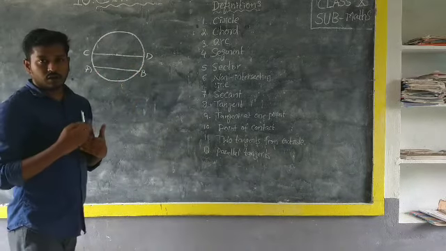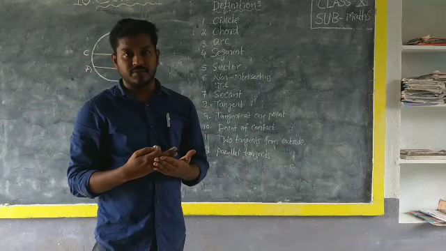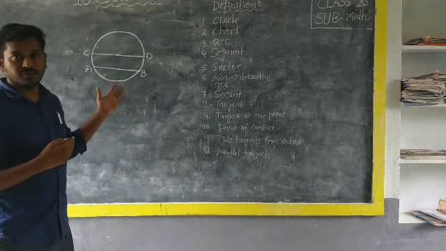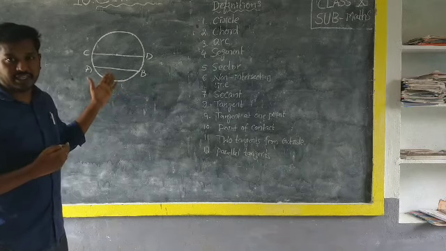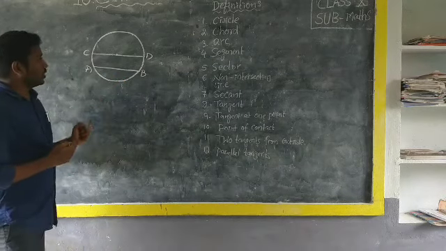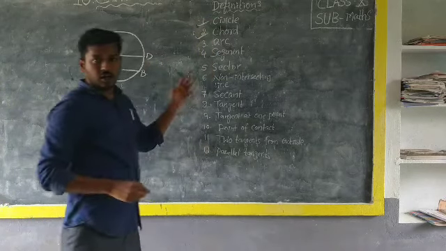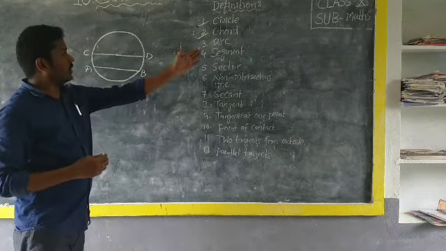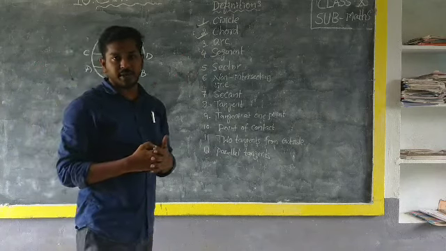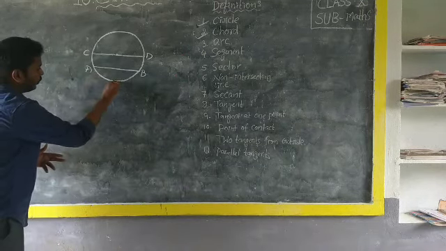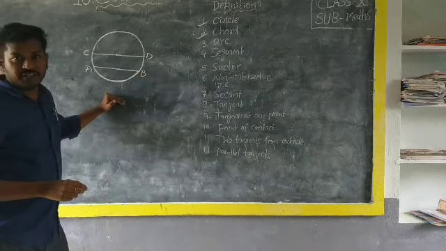How many chords can we draw in a circle? Infinitely many chords can be drawn in a circle. The definitions of circle and chord are completed, and the next one is arc. What is meant by arc? If you observe here, AB is some part of a circle.